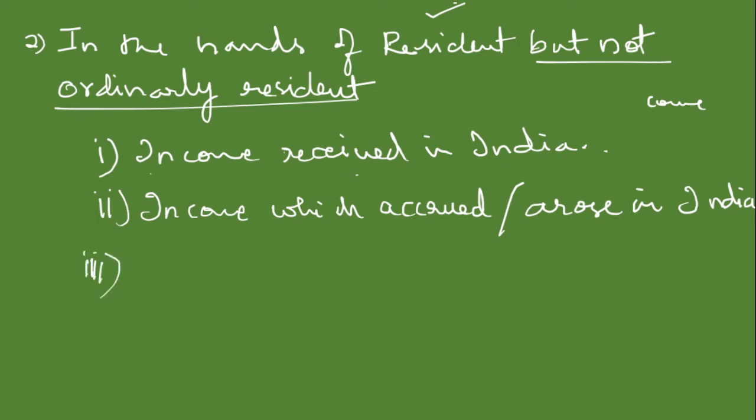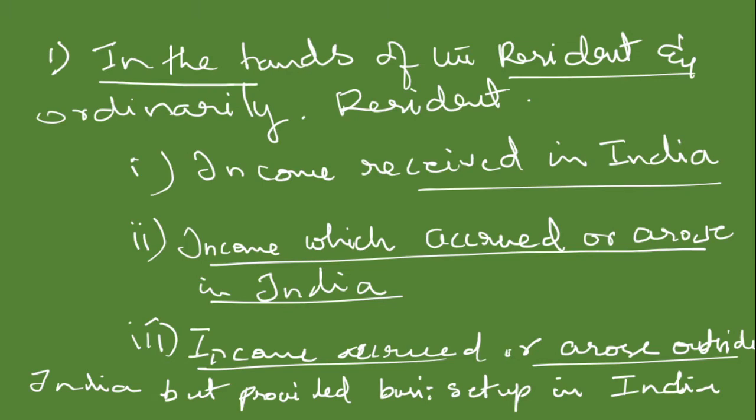Okay. So the third one is income accrued or arose outside India, provided the business is controlled or set up in India. Same point, so it is taxable. The same thing applies here also, but there are some points to be added in the hands of a resident and ordinarily resident.